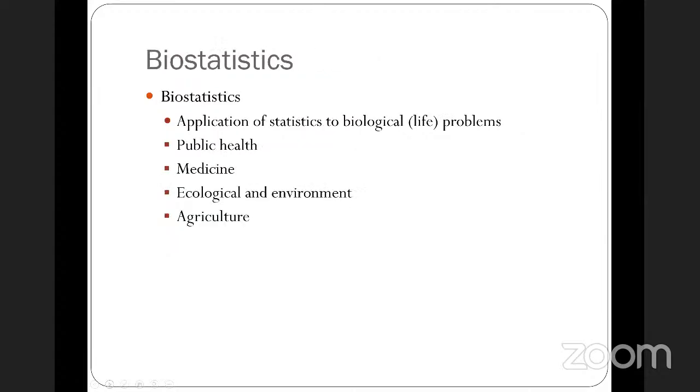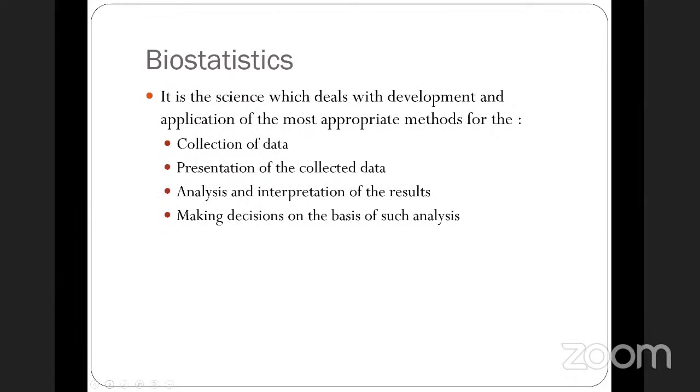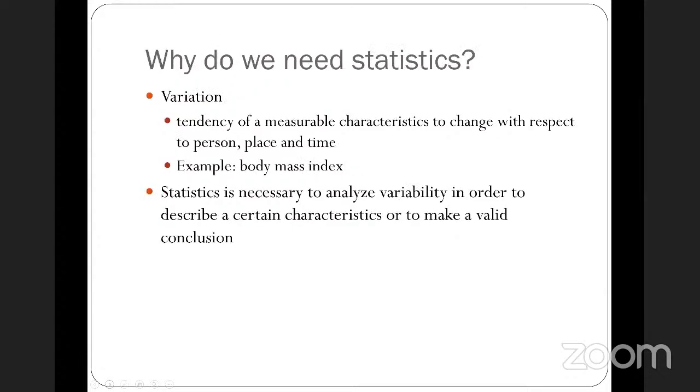Data will be varied. So there's a tendency that characteristics that are measurable change with respect to person, place, and time. For example, the COVID virus statistics will change depending on the date, the place, and the immunocompromised state of a person. Knowing these statistics is important for us to make policies and interventions for a pandemic like coronavirus.